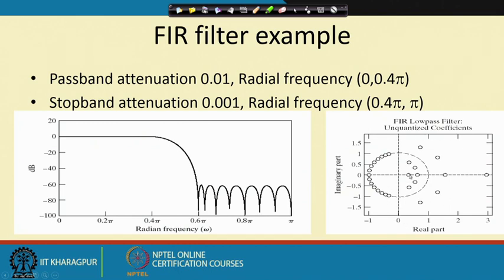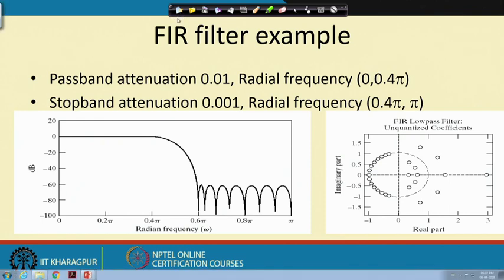That means each pole and zero, that is each coefficient, has been considered at its original value. Original value means, let us say, something like 0.0000000001.